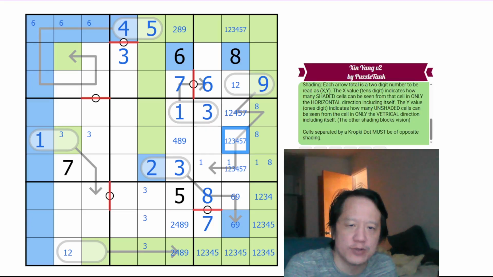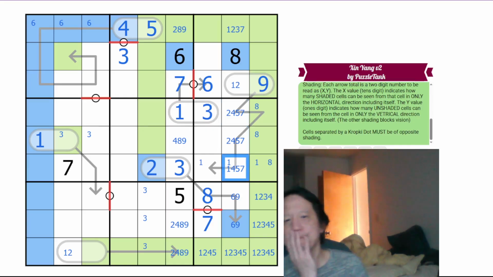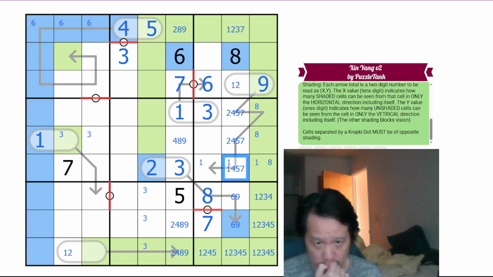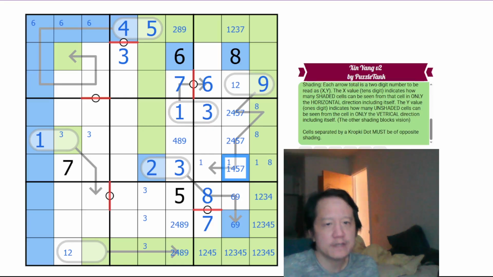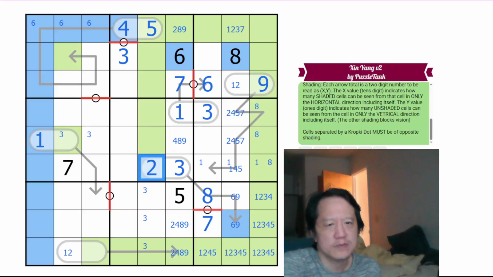This can't be 3 because of 3 in the box. There's no 3 here because of 3 in the column. This can't be 4, 5 because of 4, 5 in the row. This is not 2 because of 2 in the row. These can't be 1s because of 1s in the row. Okay, this can't be 7 because of 7 in the row.